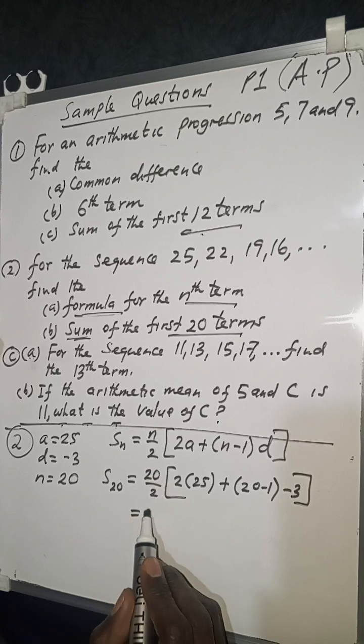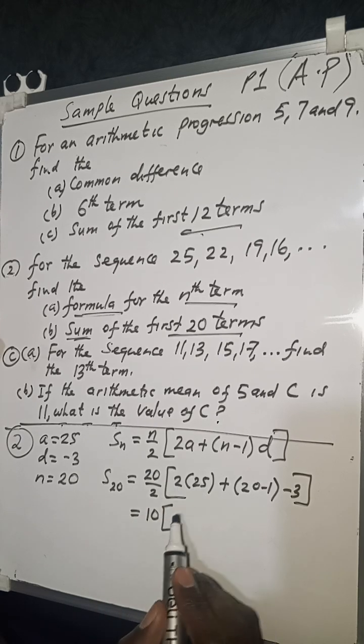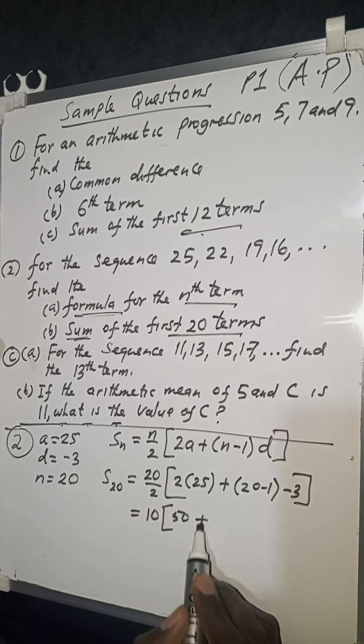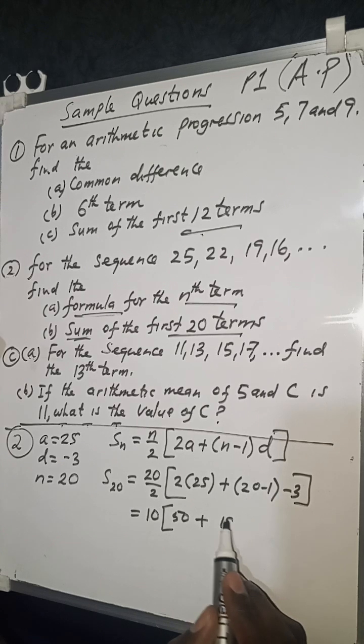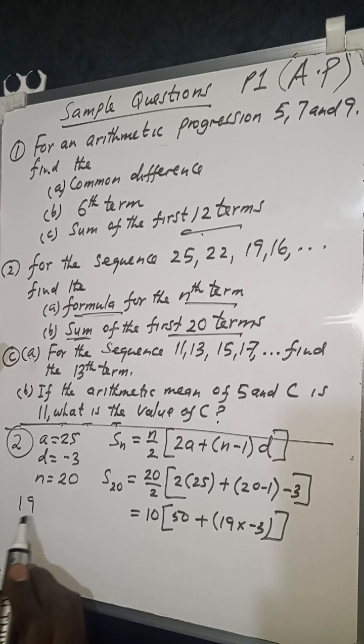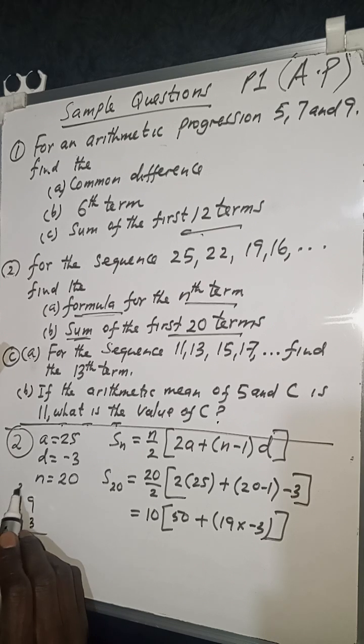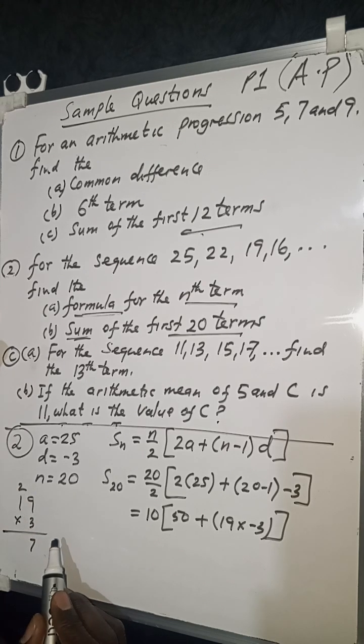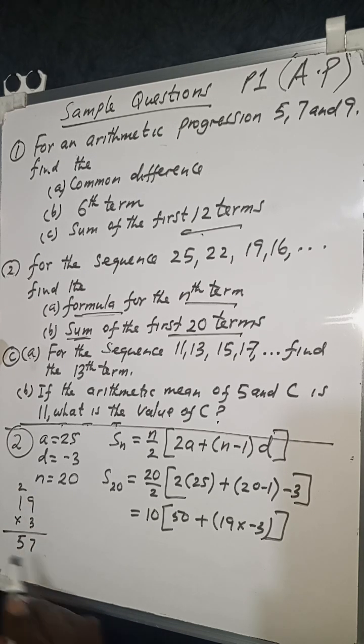So this into that will give you 10. 2 times 25 is 50, plus this times that is simply 19 times negative 3. So 19 times 3: 3 times 9 is 27, 7 carry 2. 3 times 1 is 3 plus 2, so that will give me 57. So it will be negative 57.